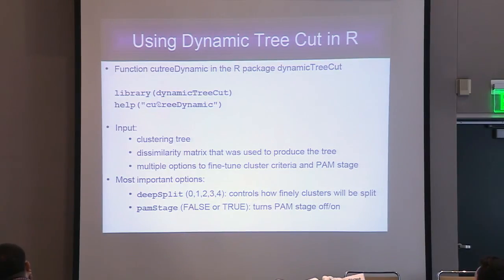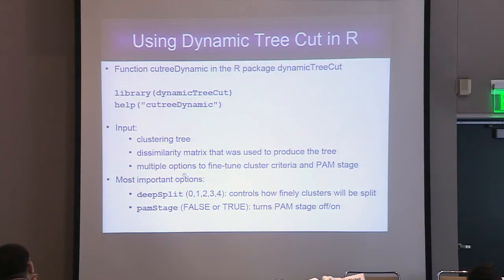The main function that does the tree cutting for you is called cutreeDynamic. I encourage you, before you use it, to type help cutreeDynamic, because it has a lot of arguments. But the main input is the clustering tree and the dissimilarity matrix that was used to produce the tree. Then there are multiple options that fine-tune the cluster criteria, how the branches are either merged or not merged, and how the individual objects are assigned to the nearest branch.